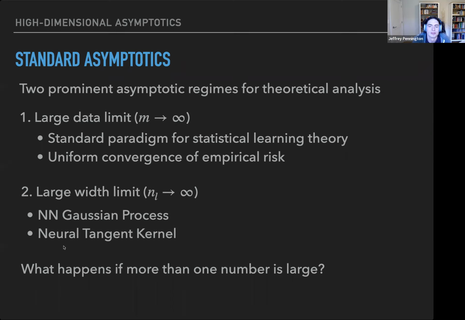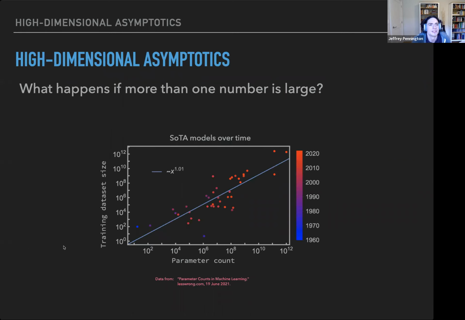And so it's surprising for two reasons, I guess. But probably the most important reason is that, in practice, if you want to talk about state-of-the-art models, more than one number is large.